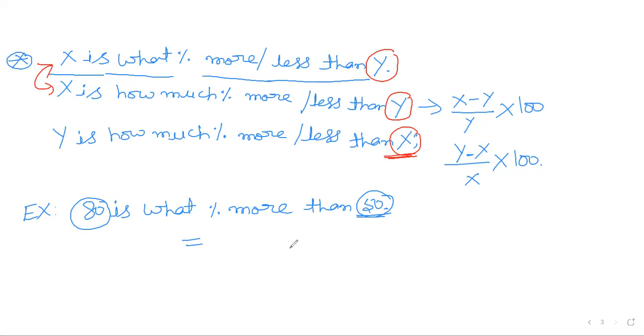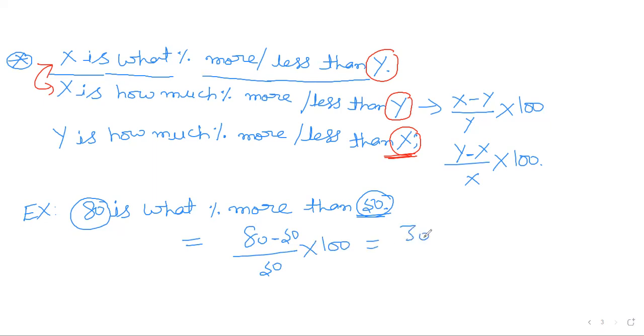So obviously 50 goes in the denominator, and the difference will go in the numerator. So 80 minus 50 upon 50 into 100.